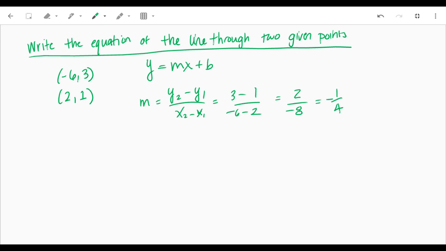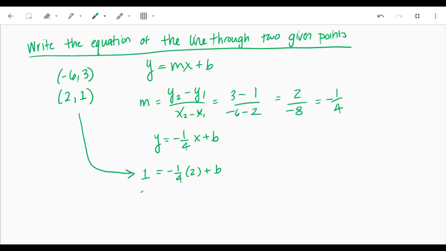Okay, so now we have y equals -1/4 x plus b. And now we can use whichever point we want. And you can pick. Most kids would probably pick (2, 1): smaller numbers and no negatives. So 1 equals -1/4 times 2 plus b.